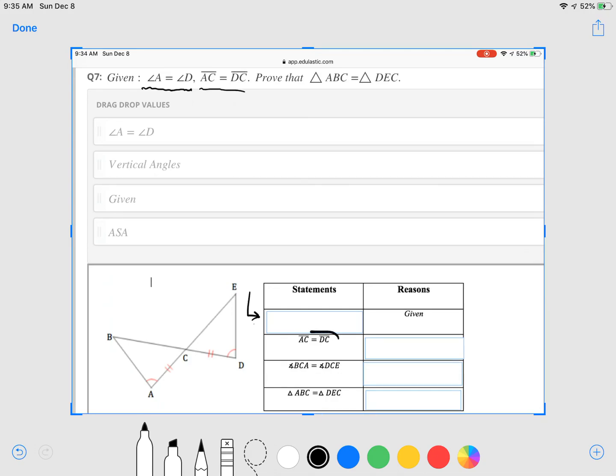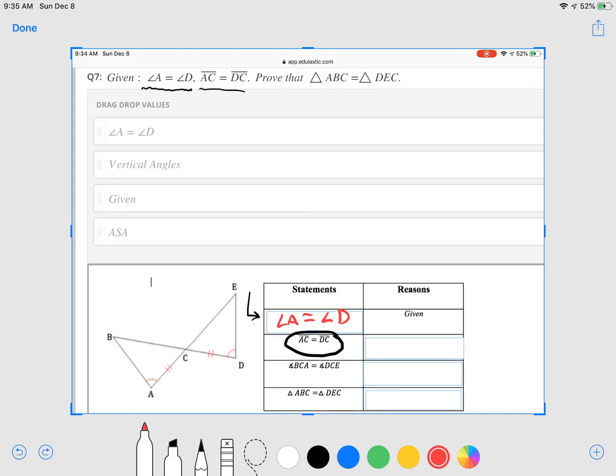AC equal to DC is already taken care of on the left here. So the only one missing is angle A is equal to angle D. Notice it says equal here. It should say congruent. So whoever authored this question wasn't too careful. But, I mean, we get the point.